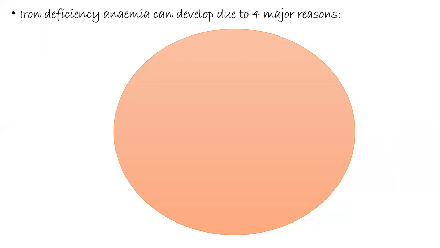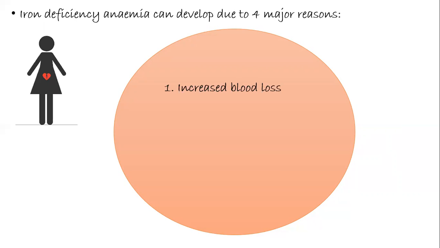Depending on the reason, there are four causes for the development of iron deficiency. The first one is increased blood loss, which can occur due to any type of injury or in menstruating women. The second is increased requirements.